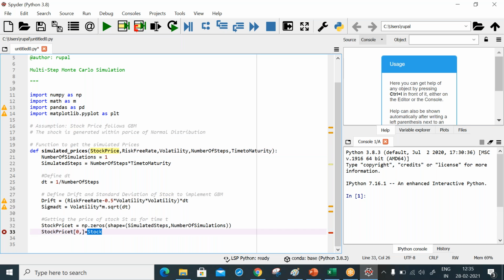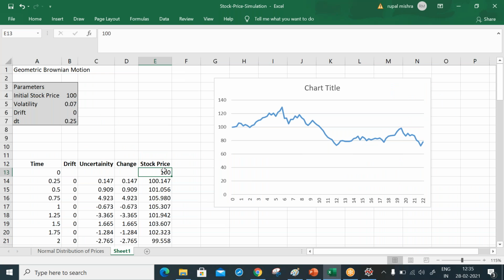I think you must be understanding by now what we are trying to do here: for the 0th value, the initial most value, we are taking the plain stock price. I think it's pretty obvious also. For each column, for each simulation, the first value of stock price will be your stock price at the start. So basically, 100 is the initial first value, the 0th value as we call.